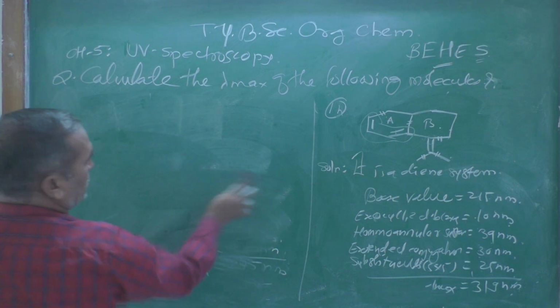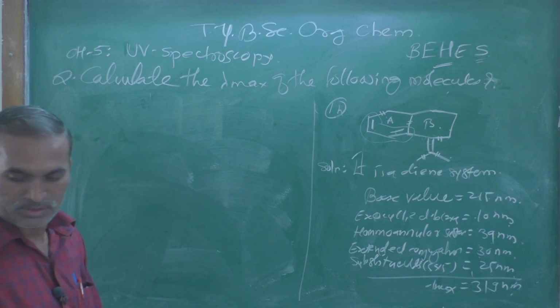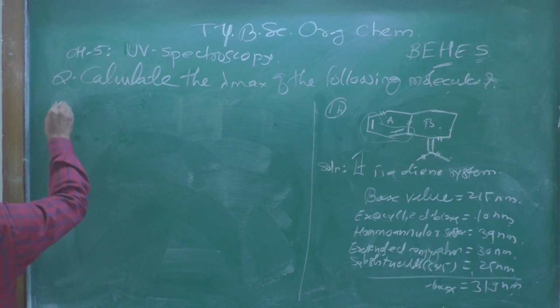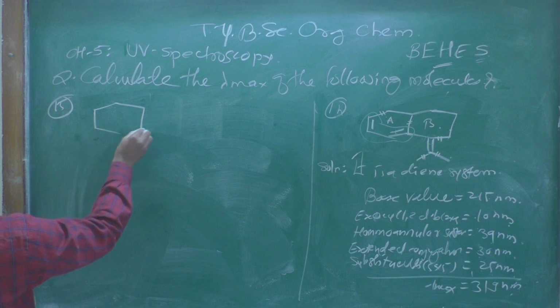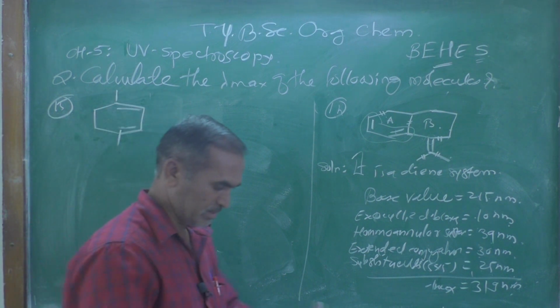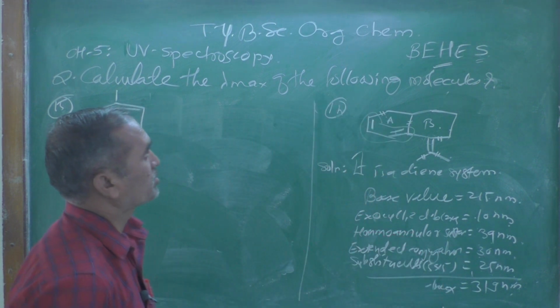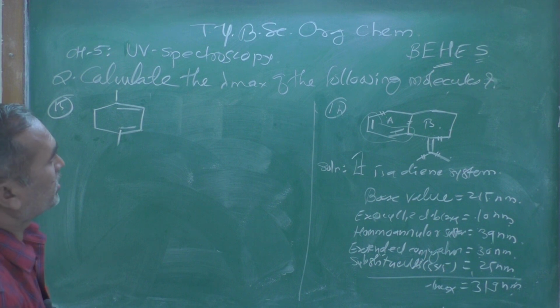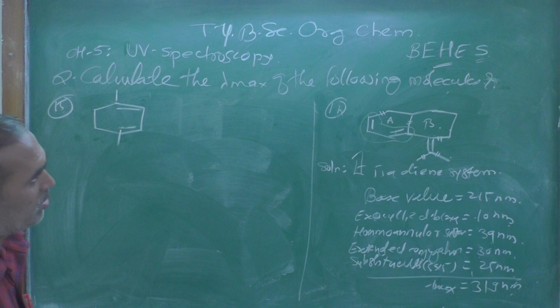So let us see example number 15. So this is the structure which I have drawn over here, and you should calculate the lambda max of the following molecule.